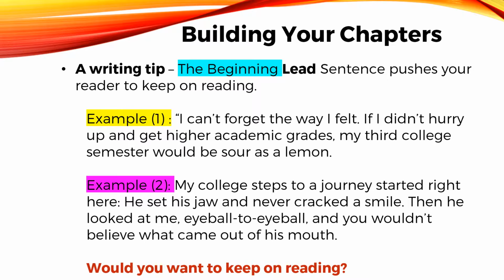Your lead sentence of every chapter will push the reader to keep on reading. In other words, the lead sentence makes the reader feel that they will miss something if they don't read the next sentence or the next paragraph. So, the tool for pushing the reader to keep on reading is your lead sentence.